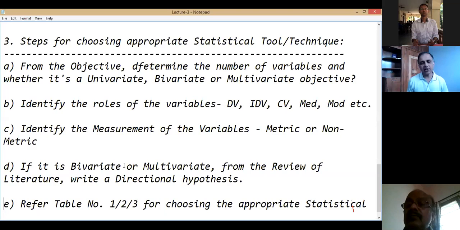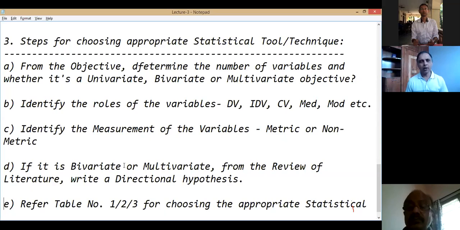But in statistics, simply 2 variables or 3 variables will not make it bivariate or multivariate. There have to be certain keywords. So we discussed an inventory of words. We discussed certain cases where there were 4 variables, 3 variables, but there were 4 univariate objectives, not a bivariate. So first you should be very comfortable with the number of variables and whether they constitute a univariate, bivariate or multivariate objective.